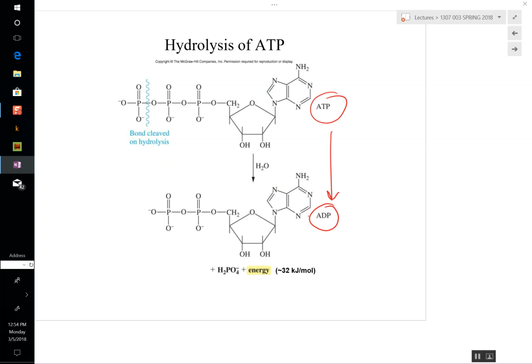So one mole of ATP breaking down into ADP can release 32 kilojoules of energy, which is a fair amount of energy. That phosphorus-oxygen bond is a pretty high energy bond compared to a carbon-carbon bond and some other bonds. So the body's chosen a pretty good molecule to pack some energy into.